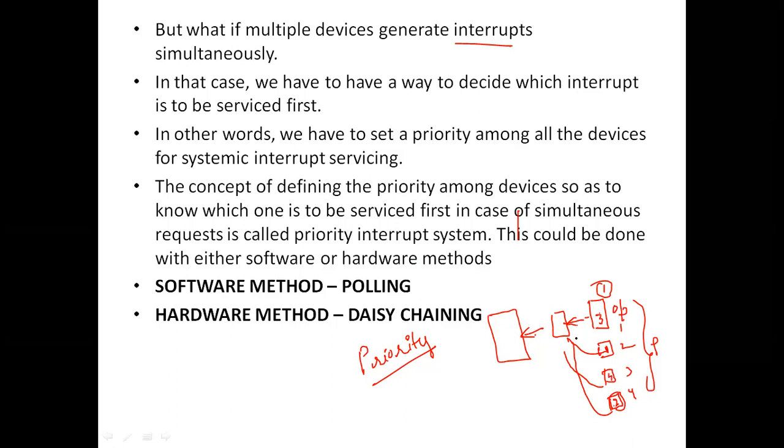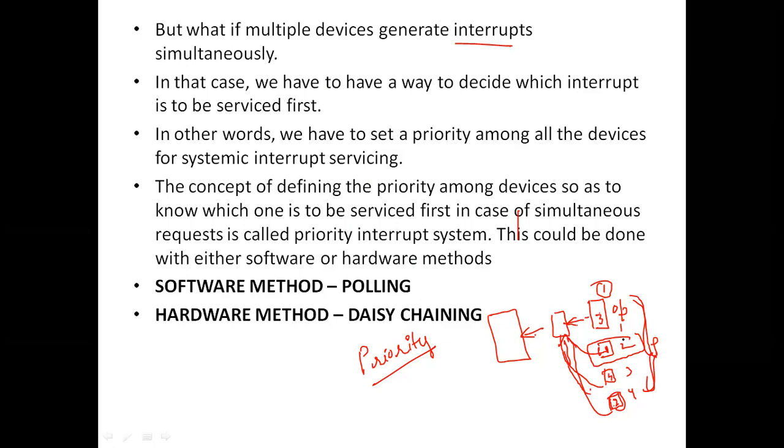If all the peripheral devices have interrupted at the same time, among the four peripherals we decide which has the high priority. Here the second peripheral has the highest priority, so this is going to be serviced first.